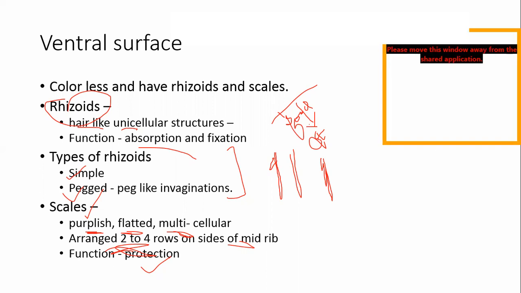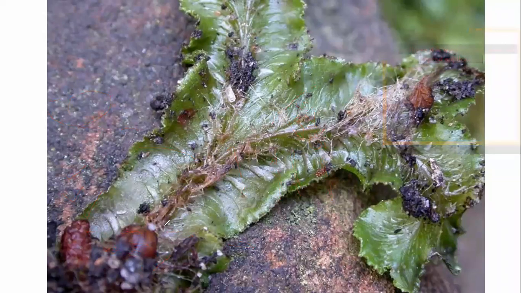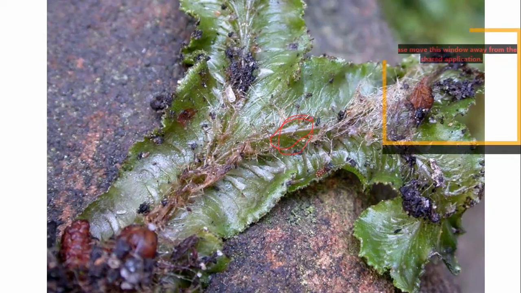Now we'll see the picture of the ventral surface. So this is the structure of the ventral surface. You can see the narrow groove which divides the midrib is now seen as a thick midrib here.